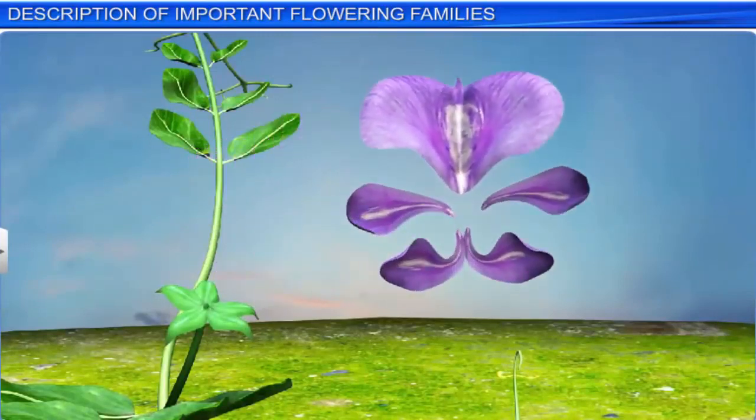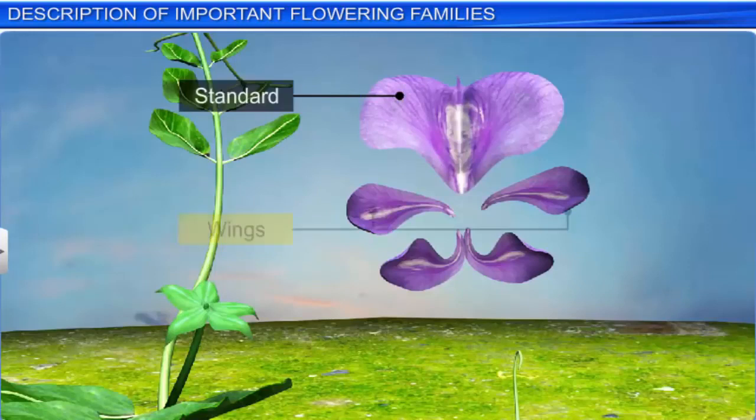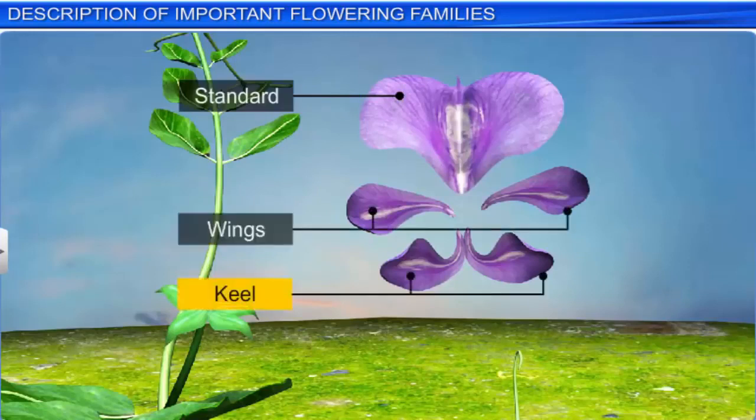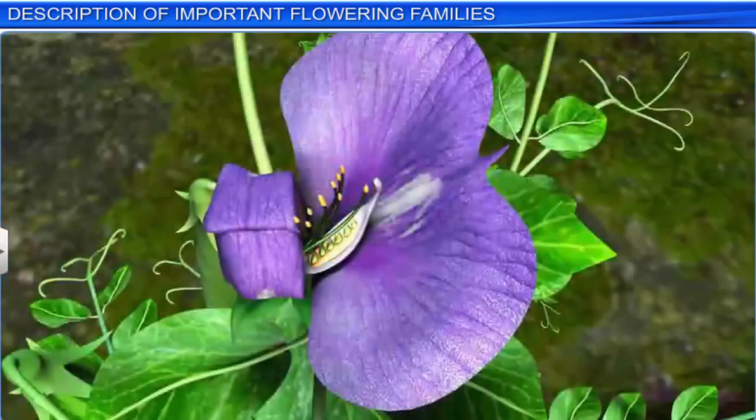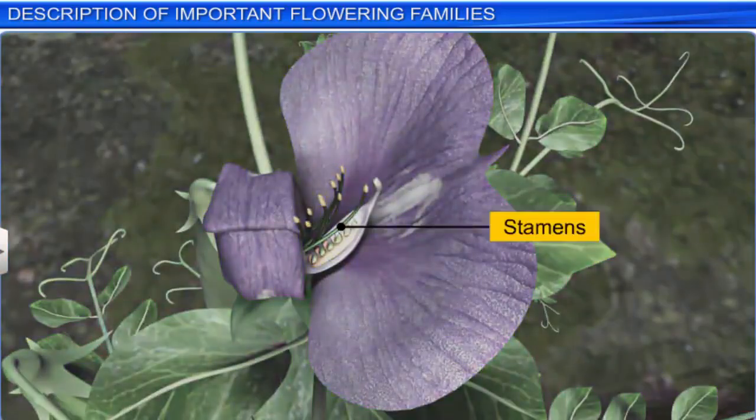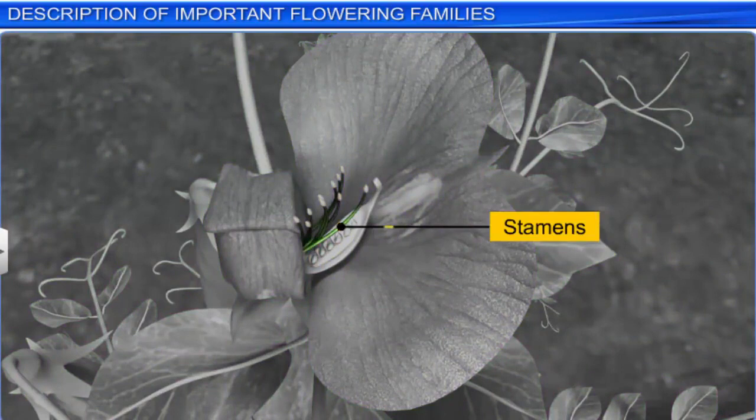Moreover, the petals are papilionaceous and consist of a posterior standard, 2 lateral wings, and 2 anterior ones forming a keel. The aestivation is descending imbricate or vexillary. In these plants, the androecium consists of 10 stamens that are diadelphous with a dithecous anther.